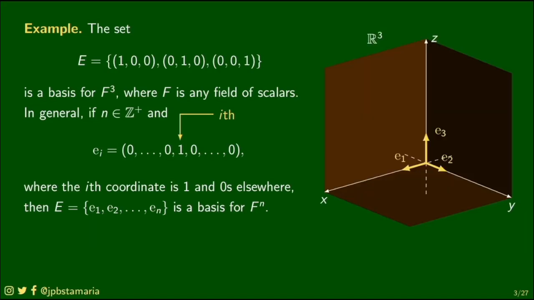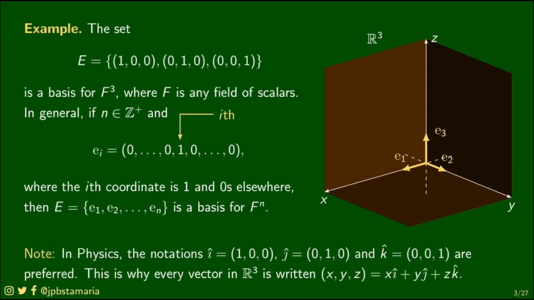In pictures, this shows the geometric representation of the space R^3. The vectors e_1, e_2, and e_3 form a basis for R^3. Here, e_1 is the vector (1, 0, 0), e_2 is the vector (0, 1, 0), while e_3 is the vector (0, 0, 1).